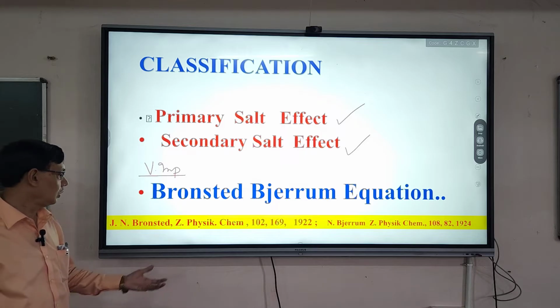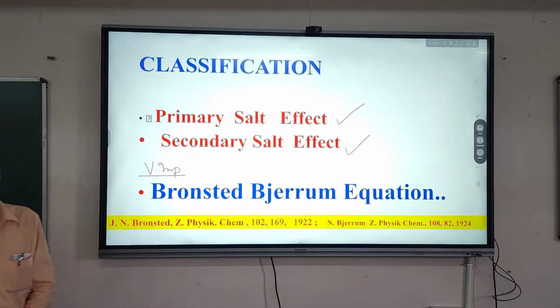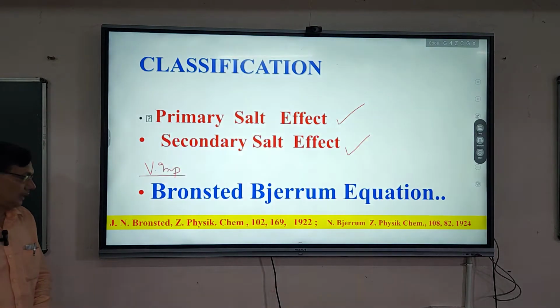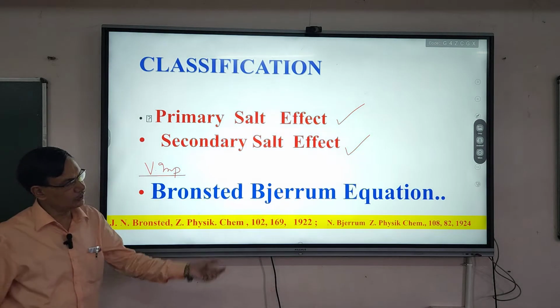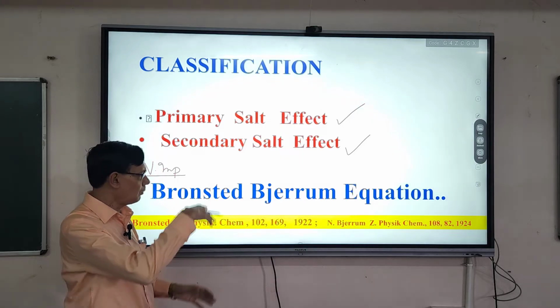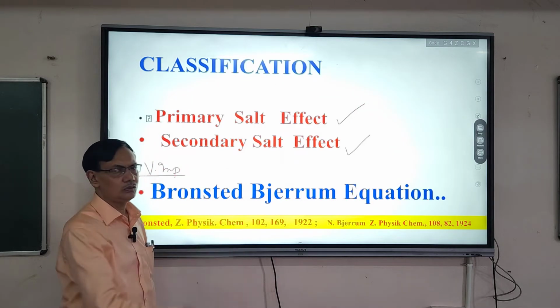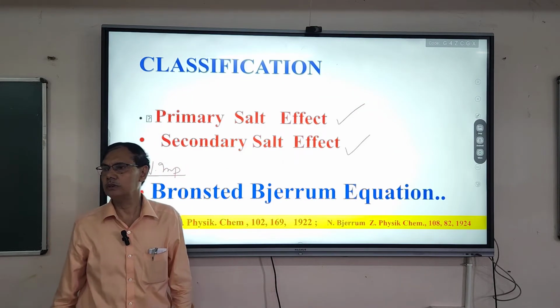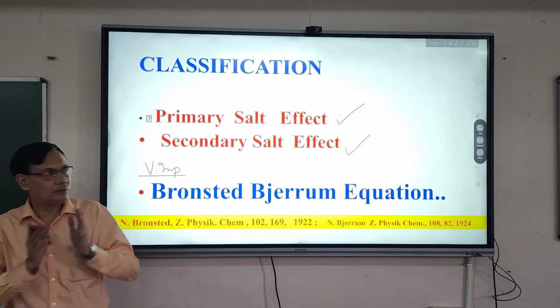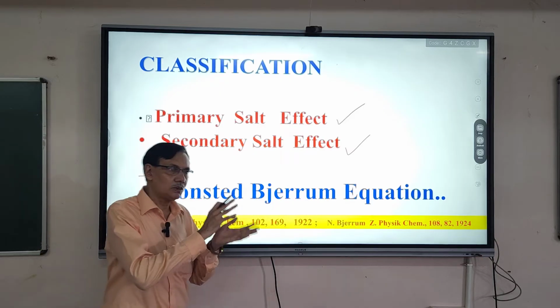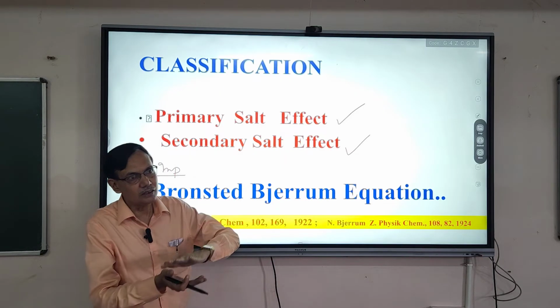Because you all know Bronsted is a very well-known chemist. So Bronsted and Bjerrum actually derived this equation long back, I think in 1922. Therefore it is called the Bronsted-Bjerrum equation. Now let me explain what is primary salt effect and what is secondary salt effect.